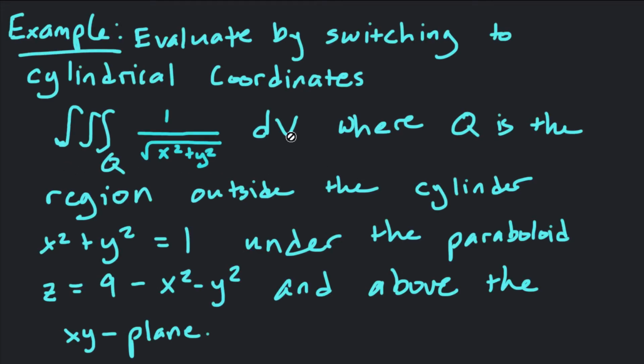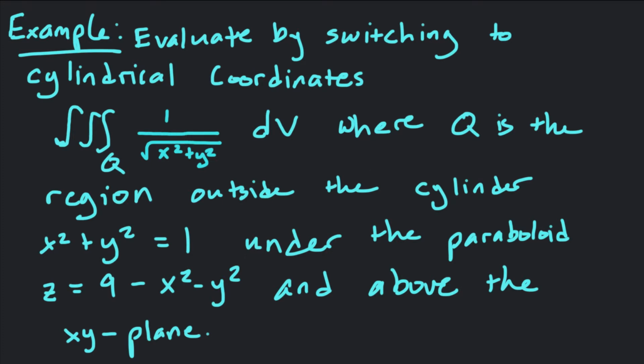So this is going to be the integral from 0 to 2 pi, integral from 1 to 3, integral from 0 to 9 minus r squared. And then our function was 1 over the square root of x squared plus y squared.